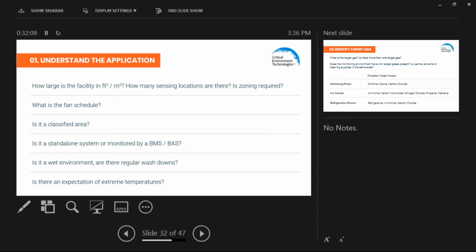Is there an expectation of extreme temperatures? Is it going into a factory type application where they've got ovens and whatnot that cause the temperatures to fluctuate to somewhat of an extreme?